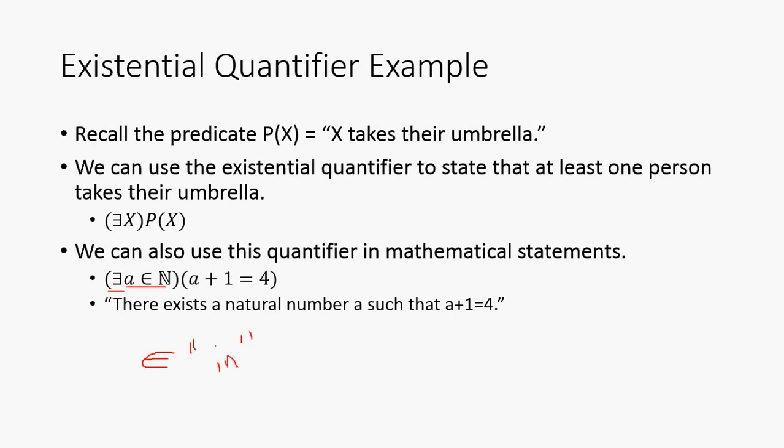It can also be read as is an element of. And then there exists a natural number a such that a plus 1 is equal to 4. Note that this is true, it's just 3. But this is how this is translated from a mathematical notation into words.